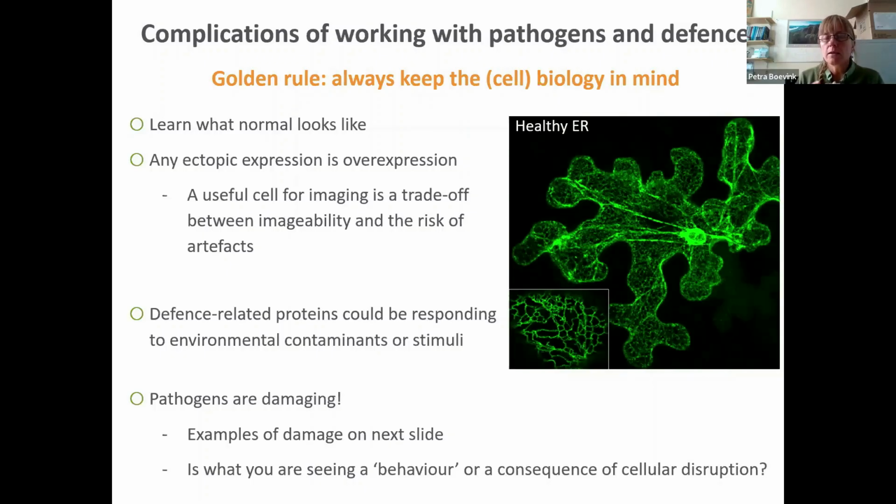So if say you have something expressed in a leaf, if your leaf is in the glasshouse or even just in the lab, something could have landed on it from the air, bacteria, fungi, and that defense protein could be responding to those. There's also crosstalk between defense pathways and environmental response pathways.